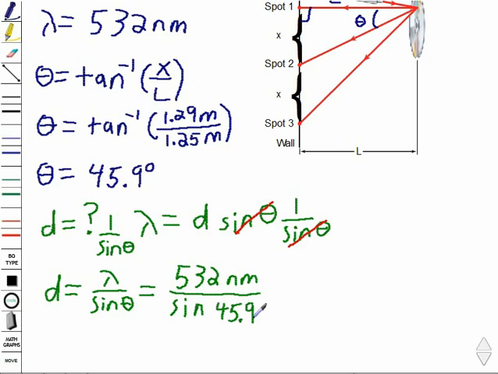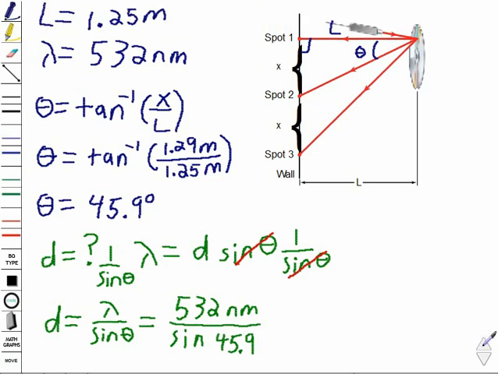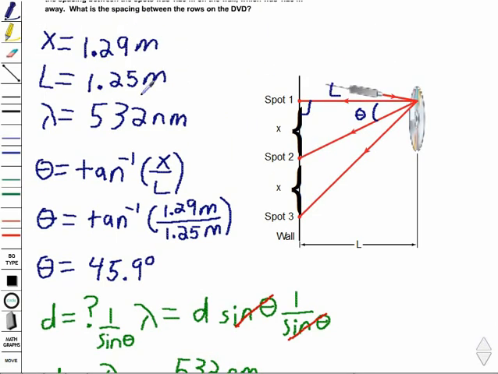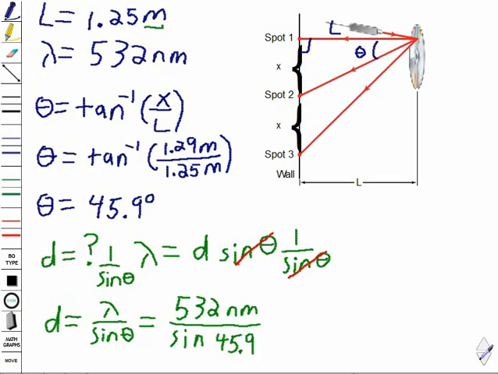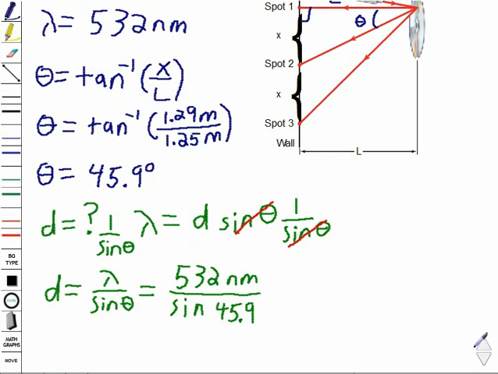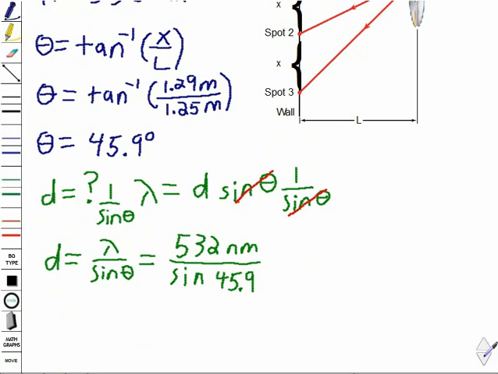And a lot of times, kids, you'll just solve it right as that, but if we look back, we've got meters and meters as our other answers, so we want to put our answer for this into meters also. So I want to convert the nanometers into meters.